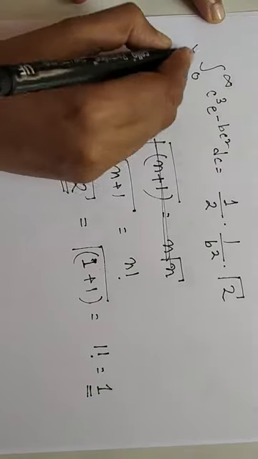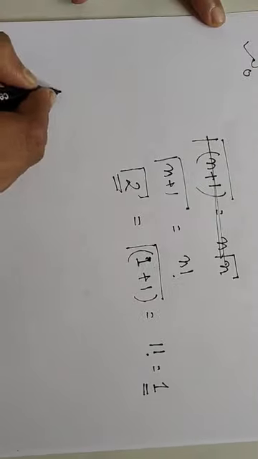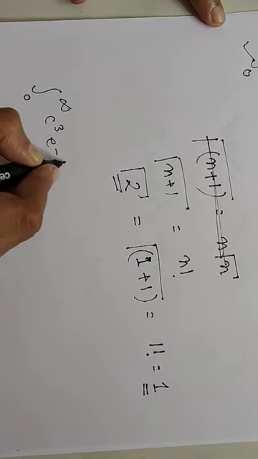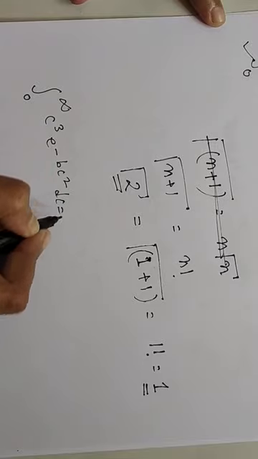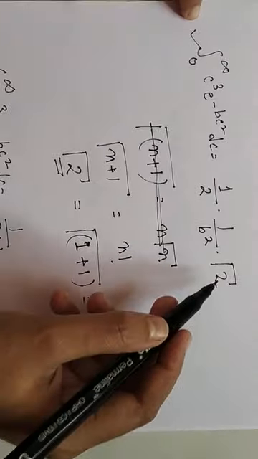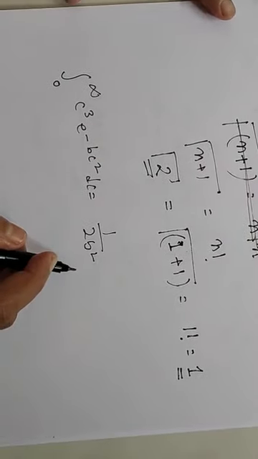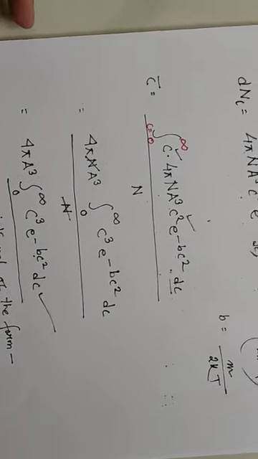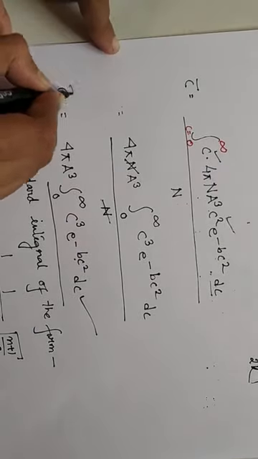So this integration, 0 to infinity c cube e to the power minus b c square dc, will be 1 by 2b square. Gamma 2 is 1, so we'll have only 1 by 2b square. Now we'll put the value of this integration over here, in the expression of c bar.